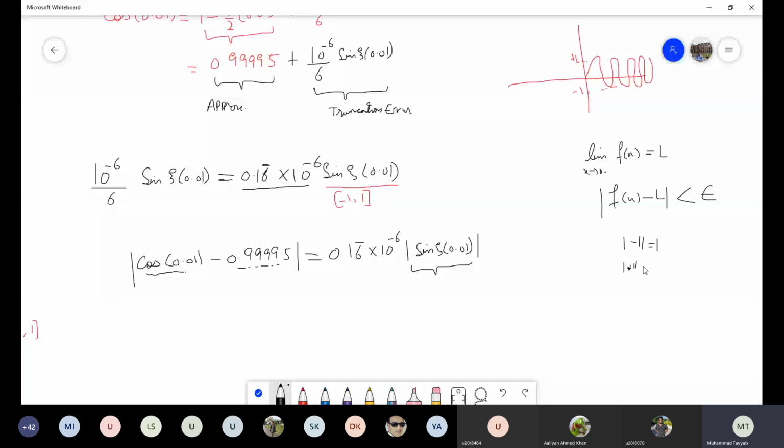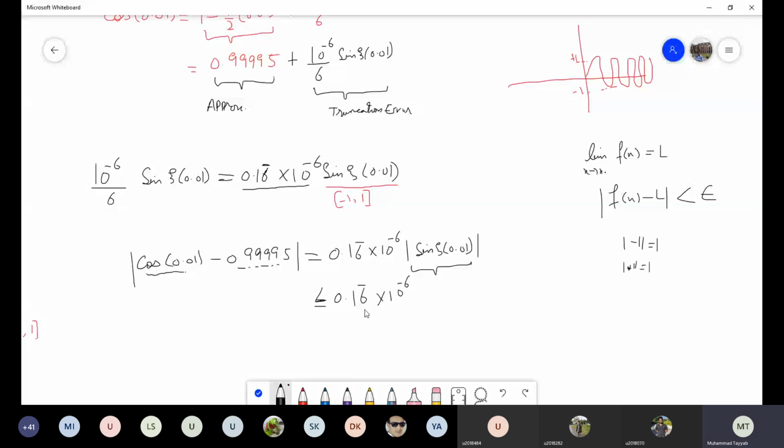So this term will remain positive. One can say that this term is less than or equal to, since we removed this term using the hypothesis of the modulus, because we assume it is always positive, 0.16 repeating times 10 raised to power minus 6.